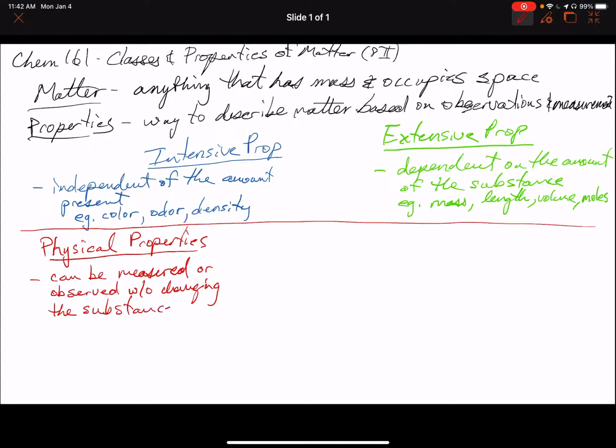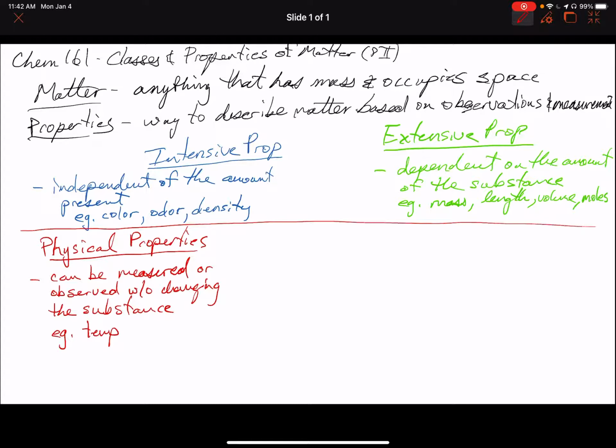Take a minute to think about what physical properties you could determine without actually changing the nature of that material. For the most part, the temperature of a material doesn't change that material until extreme conditions.